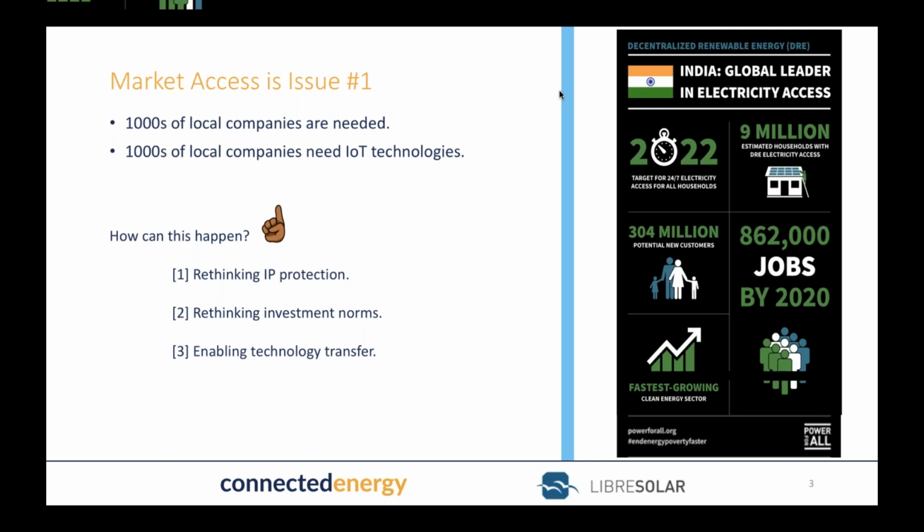Are we willing to back, as a sector, 4 or 5 huge companies and make them into tech giants? Or do we want to do it a different way? And the final thing is, how do we enable real technology transfer? If you go to the global conferences in our sector, you hear a lot about technology transfer, but talking about technology transfer and actually doing it are two very different things indeed.